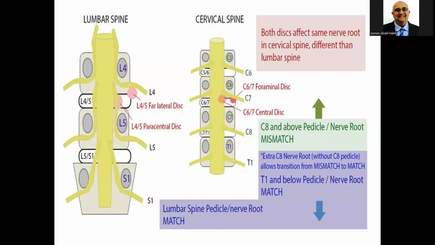But the situation is different in the lumbar area because, for example, if you have an L4-L5 disc, you can affect either the L4 or the L5 nerve root. The lateral disc will affect the L4, while the central or paracentral disc will affect the L5. This is a very important distinction between the lumbar spine and cervical spine, and we're going to have a separate talk about neck pain.